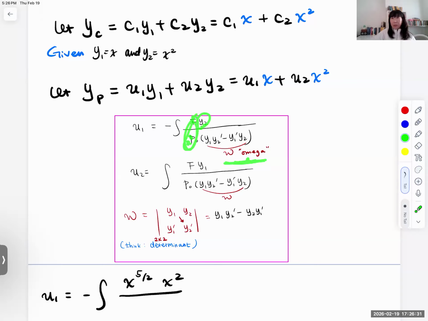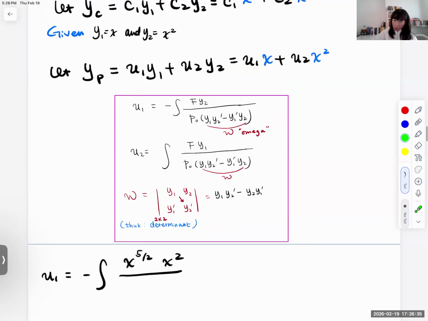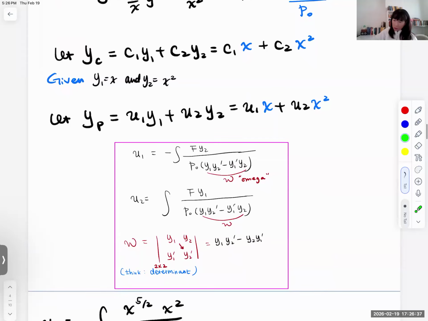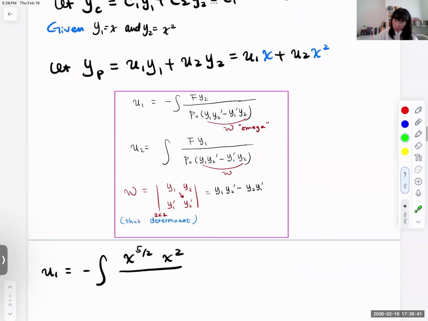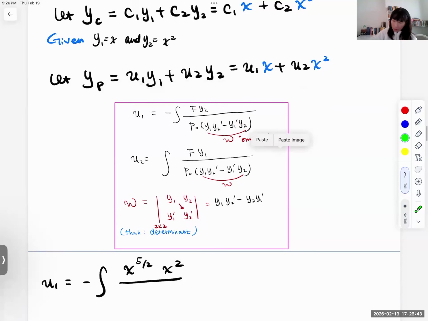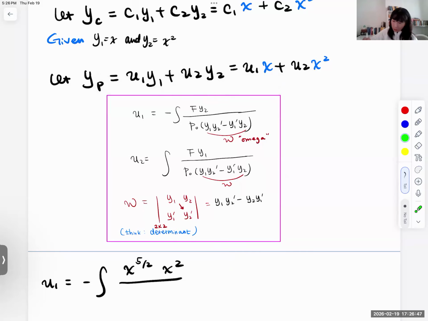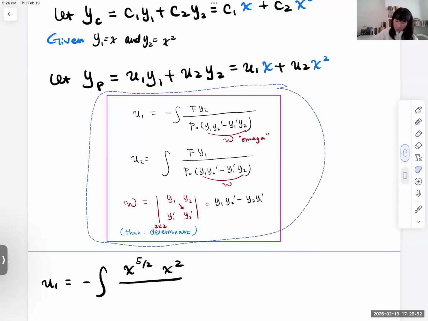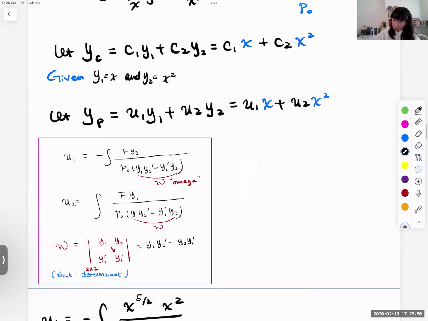Now, omega. So omega is a 2 by 2 determinant. Let me write it.